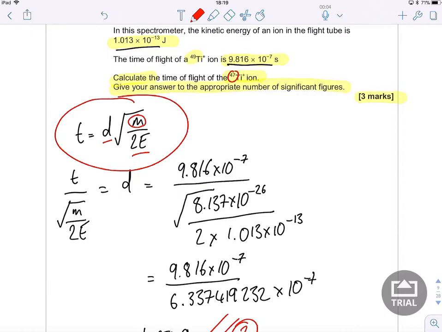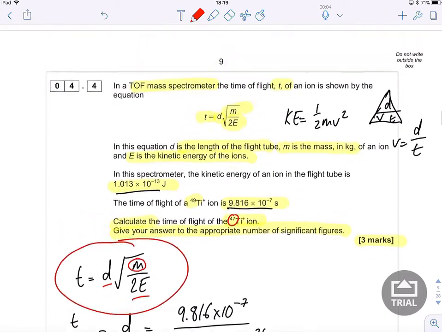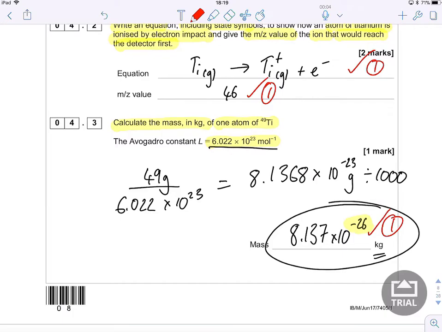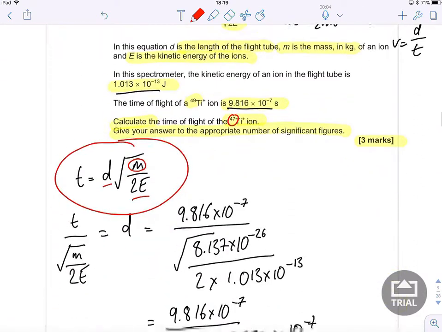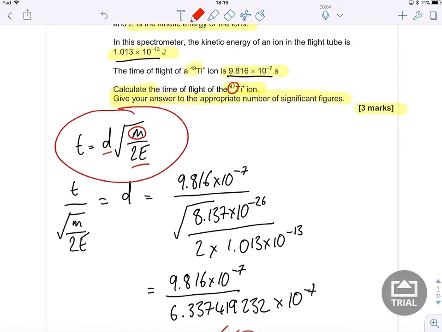So I'm going to do the same sum that I did before for the last question, except for titanium 47. Let's do this in blue. 47 divided by Avogadro's number, divide that by 1,000, because I want that in kilograms, remember.